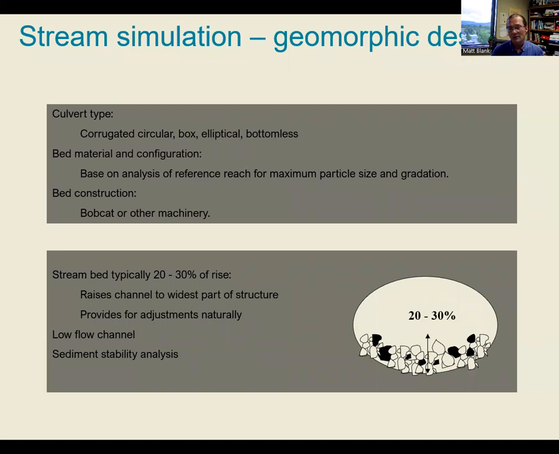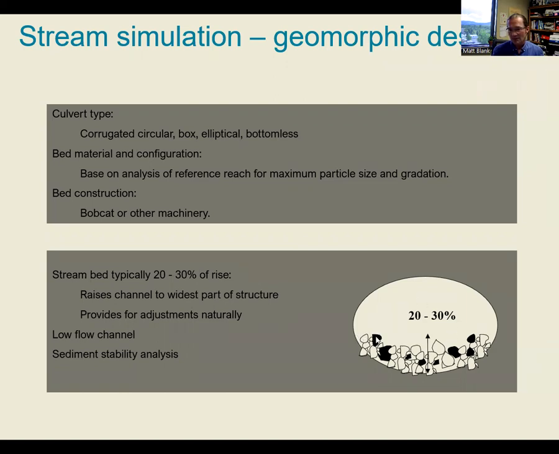It's really hard to build big stream channel materials by hand, especially with smaller streams. Sometimes you simply need to put in a bigger structure to accommodate the machinery you need to build the channel.